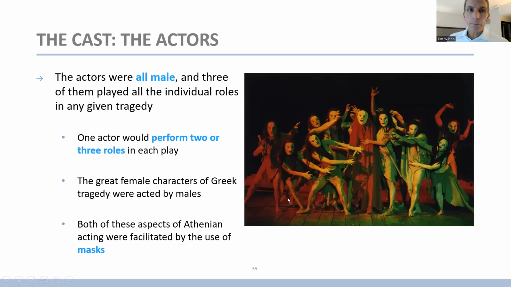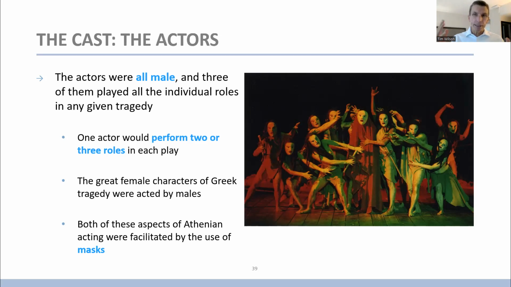The actors were all male, and three of them played all the individual roles in any given tragedy. The actor would perform two or three roles in each play. The great female characters, Clytemnestra, Medea, are all played by males. Think also of the practice in Renaissance England where boys played women's parts.